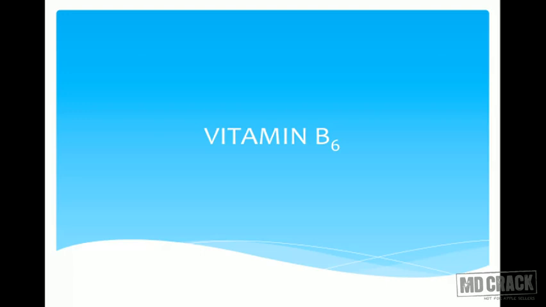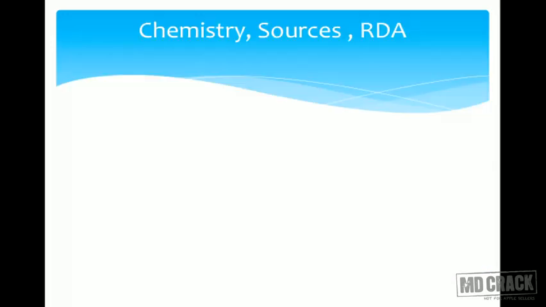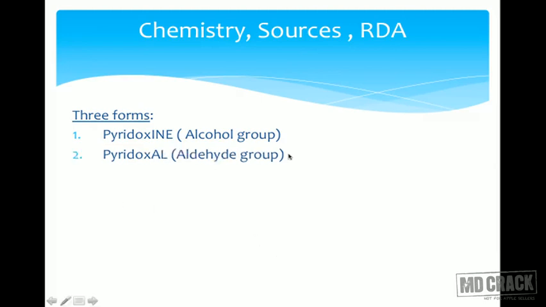Okay, and let us now look at the next vitamin, vitamin B6. What is the chemistry? There are three forms: pyridoxine, which contains the alcohol group, pyridoxal, which contains the aldehyde group, and pyridoxamine, which contains the amine group. So depending upon the group, there are three forms of vitamin B6.